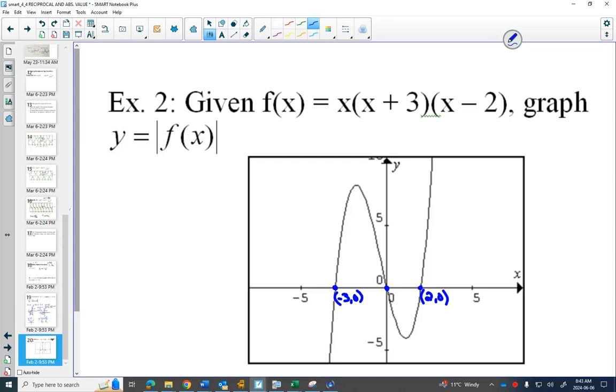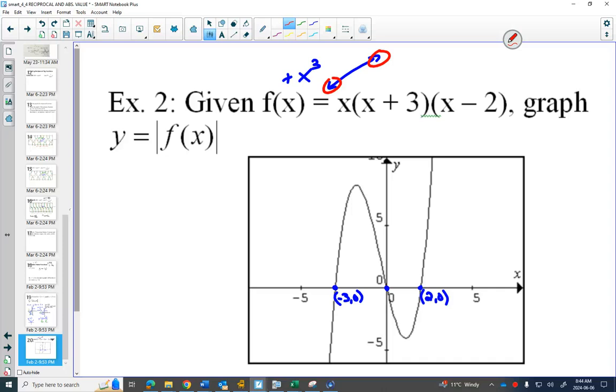And if you multiply it out, this is an x cubed graph, which is odd. It's a positive x cubed graph, so its end behavior looks like this. Each x-intercept has a multiplicity of 1, so it goes straight through, starting down here, straight through. You don't know how high or how low it goes, but this would be enough.